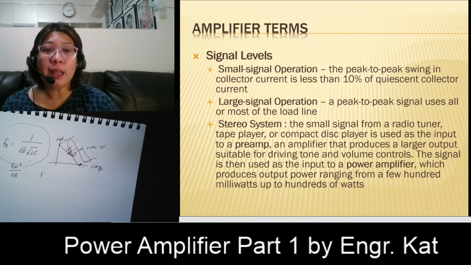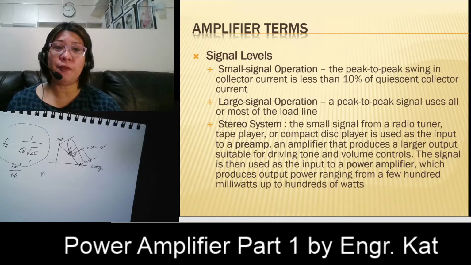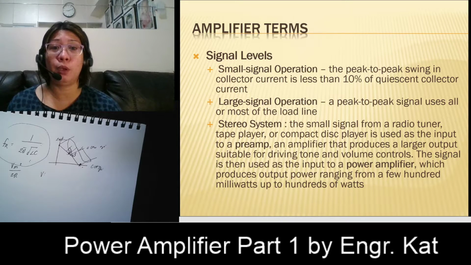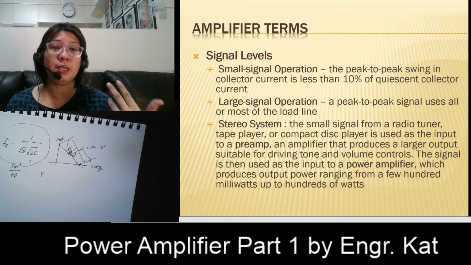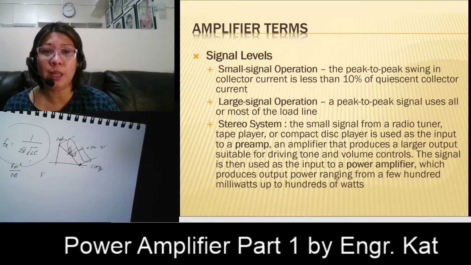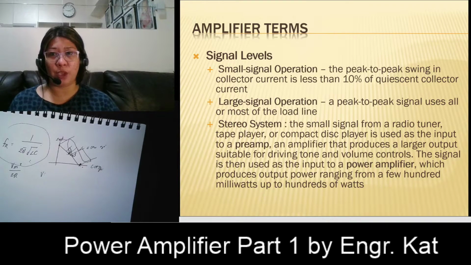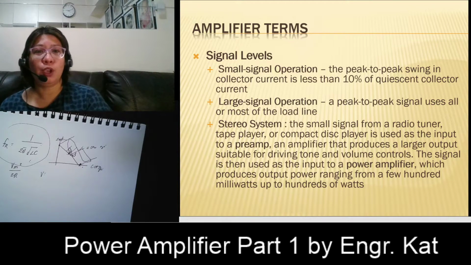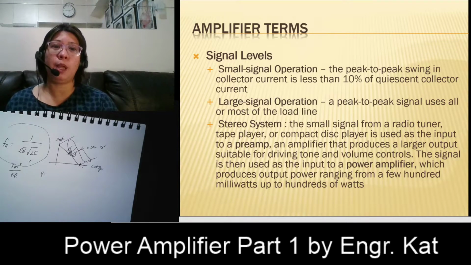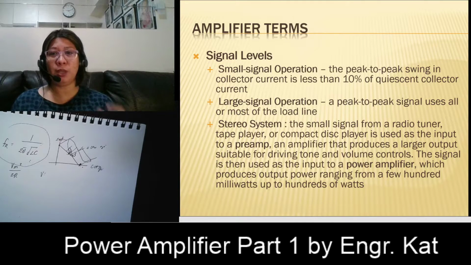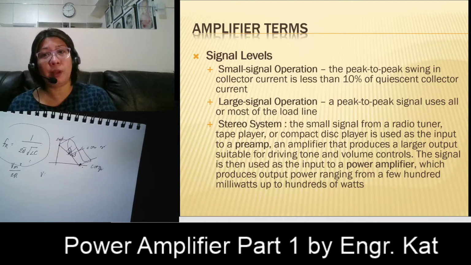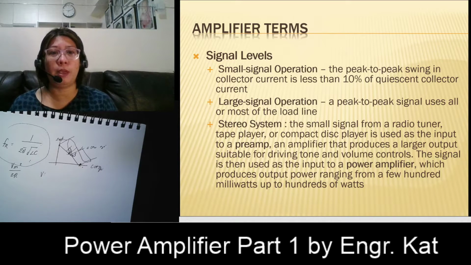Okay, and then this is an amplifier that produces a large output, which is already suitable for driving tone or volume controls. So the signal is then used as the input to a power amplifier. Because you cannot directly connect your radio tuner or your tape player to a power amplifier. You need impedance matching before them, and that is in the form of a preamplifier.